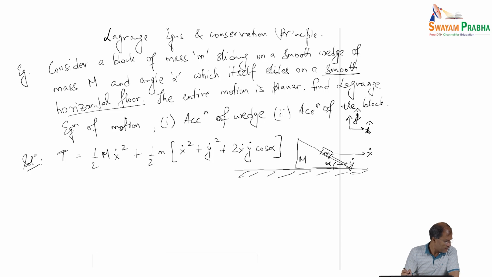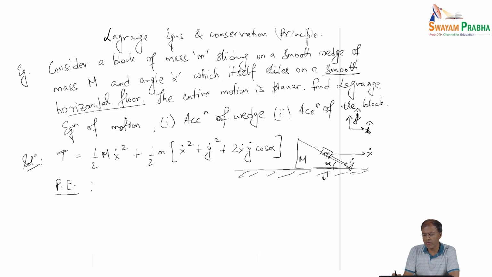Now we also have to calculate the total potential energy of the system. Let us say the floor is at zero potential, so the wedge is at zero potential. There are no dimensions of the wedge given, but at least the block is on the wedge. So we will only have the potential energy of the block, which depends on the vertical distance.